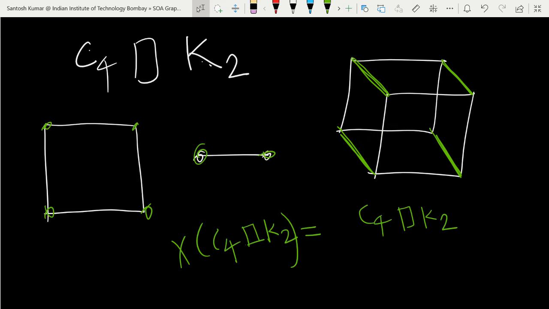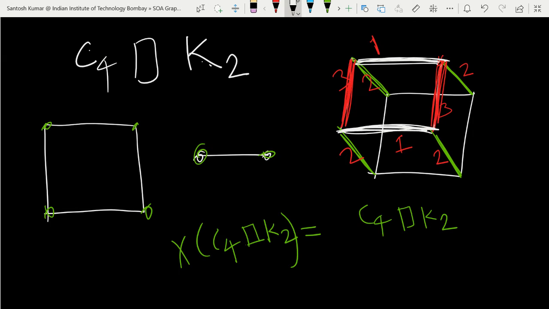Sir, 3. Okay, so again 3. You can take here 2 and you can take here 3 again. You can take here 1, 2, 2. So 3 means this one. Okay, so 3 I'm using this. 1, let's use white. So this is 1.